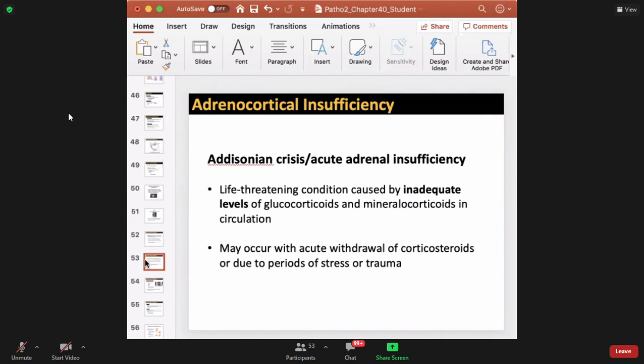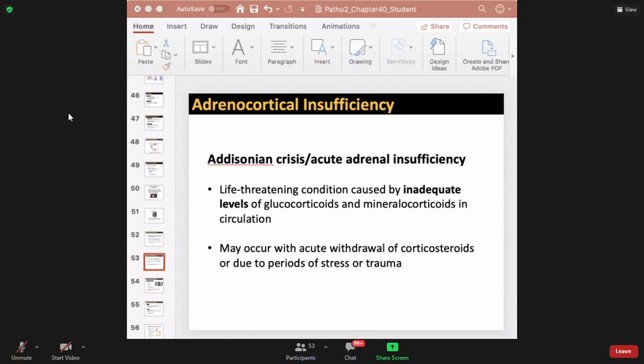Okay. So some patients go into what's called an Addisonian crisis, where let's say they're going to have surgery and they've been on steroids for a long time. Maybe they have asthma, so they take steroids for their asthma. Because they were on steroids for such a long period of time, their pituitary already knows that they're on steroids, so it's adjusted to that.